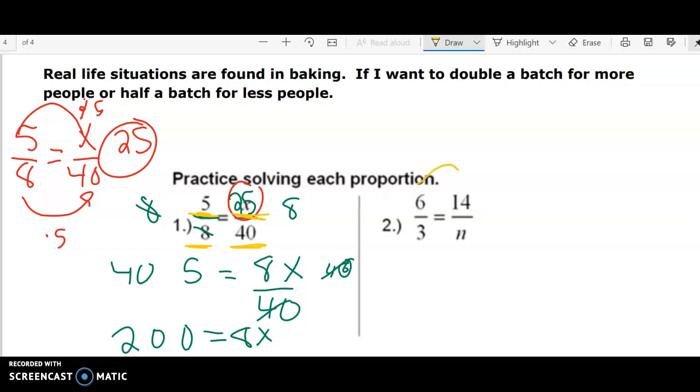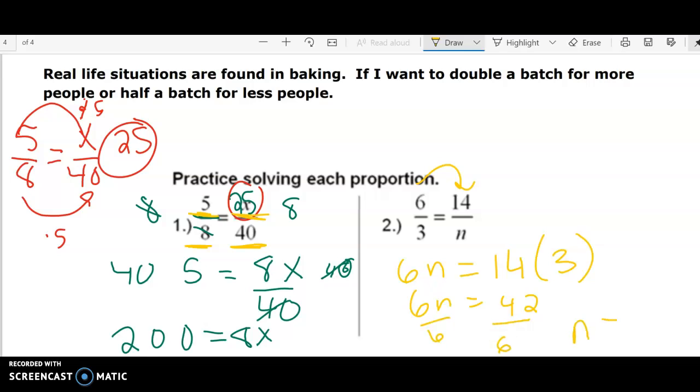So 6 to 14, not a whole number. So I'm going to say 6n equals 14 times 3. Then 6n equals 42. And then divide both sides by 6.